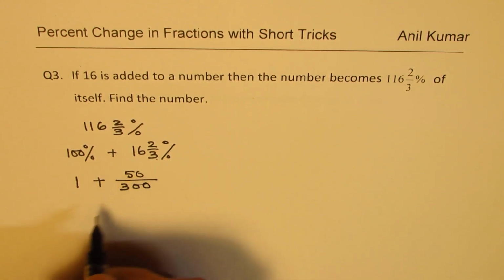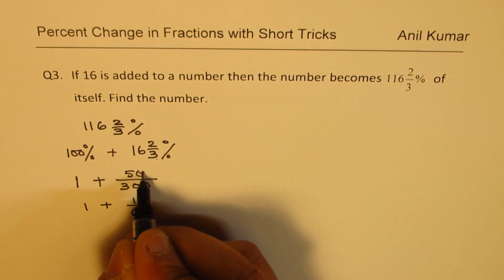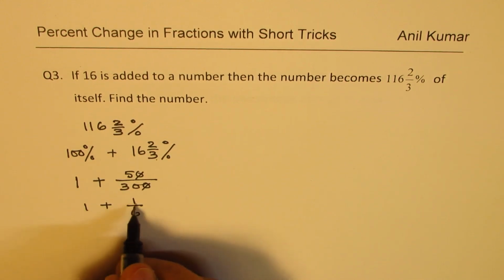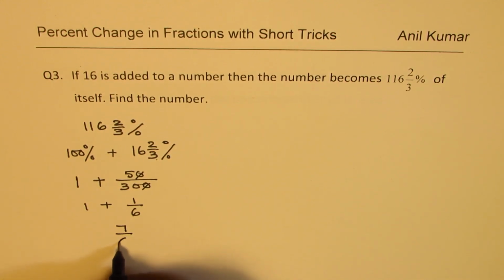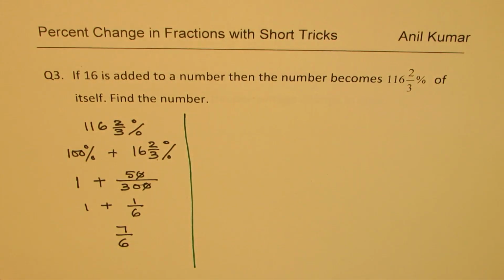Do you see that? So that means you get 1 over 6 here. When you divide, you get 1 over 6. Or this percent is 6 plus 1, 7 over 6. So that is how you can convert a very complex percent given as a mixed number into a fraction. I hope this step is absolutely clear. So that is how you do this conversion.